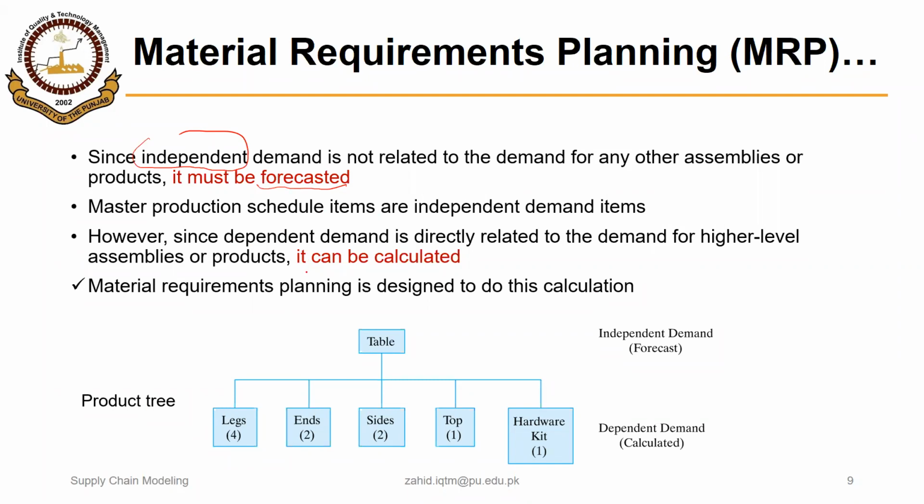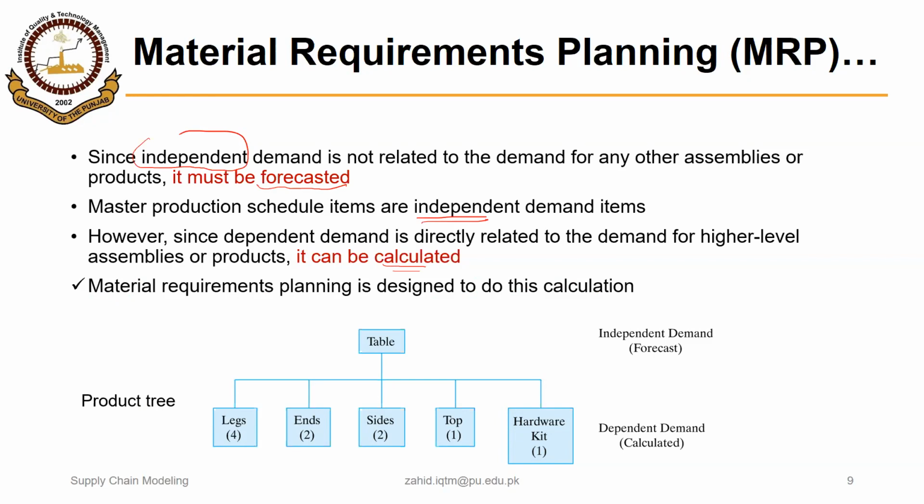Master production schedule items are independent demand items. So the topic that we discussed in the last lecture focused on these types of items. However, since dependent demand is directly related to the demand for higher level assemblies or products, it can be calculated. So material requirements planning is designed to do this calculation. So that is our today's topic. That is how we can plan the dependent demand.